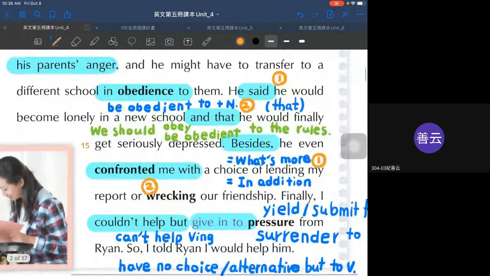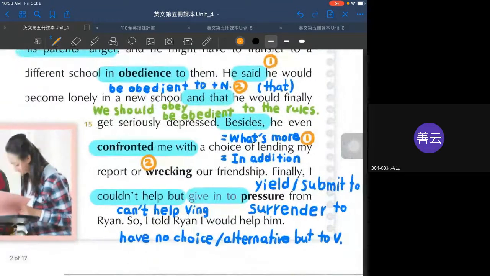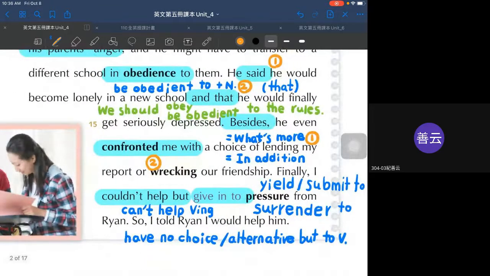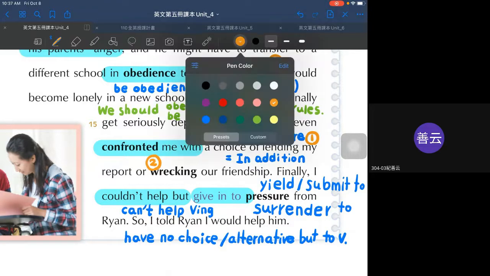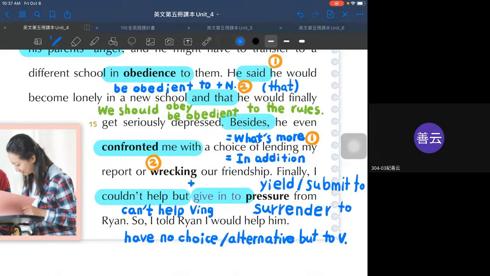So that's why in the end it says, finally, I couldn't help but. So we can learn the phrase can't help but. If you say can't help but, in this case, you put a root verb behind. Can't help but do something.